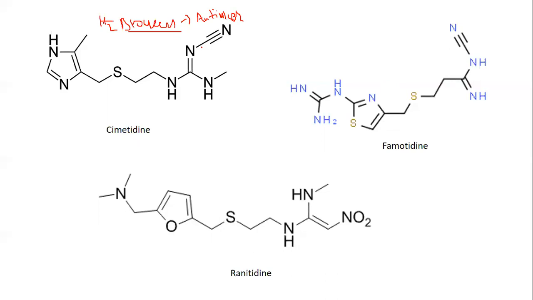So first, a question comes based on the basic heterocyclic moiety present in this ring. That is, what heterocyclic moiety is present in cimetidine, in famotidine, and in ranitidine? In cimetidine, imidazole. In famotidine, thiazole, and in ranitidine, furan.